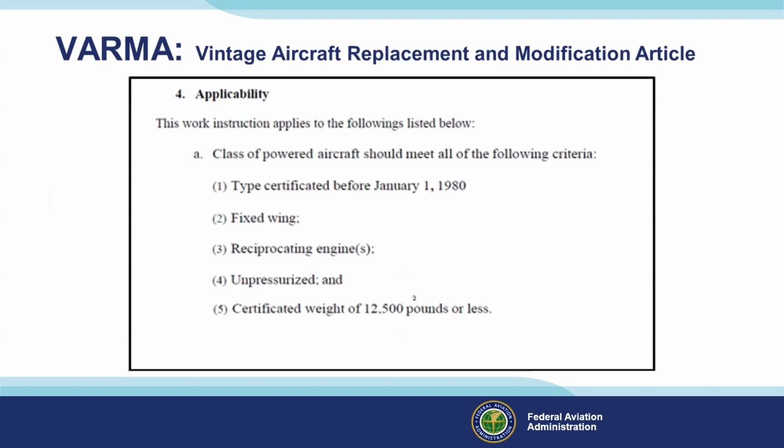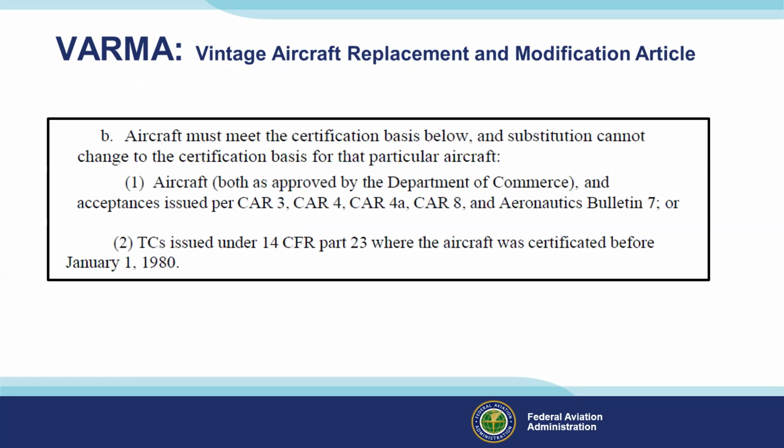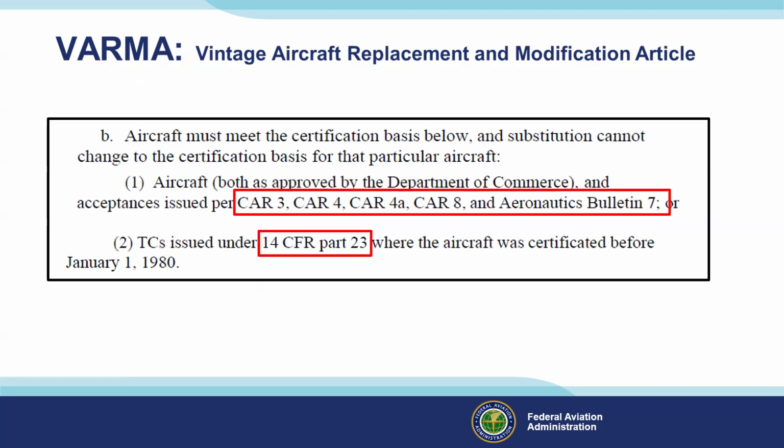The aircraft has to meet some criteria before you can use VARMA. It has to be type certificated before January 1st of 1980. In other words, it's an old aircraft, fixed wing, reciprocating engine, unpressurized, and 12,500 pounds or less. And it has to be certificated under one of those certification bases that's listed.